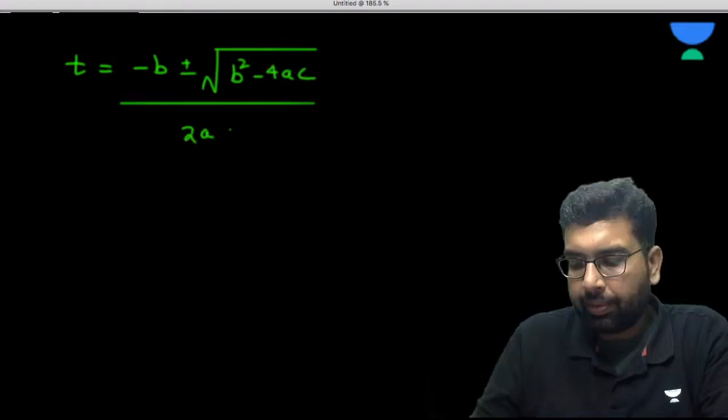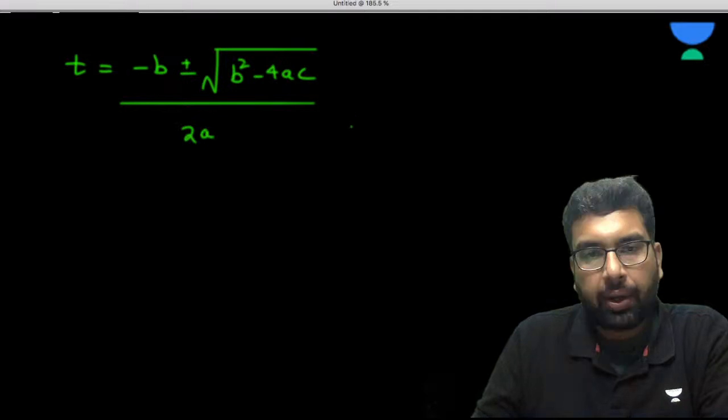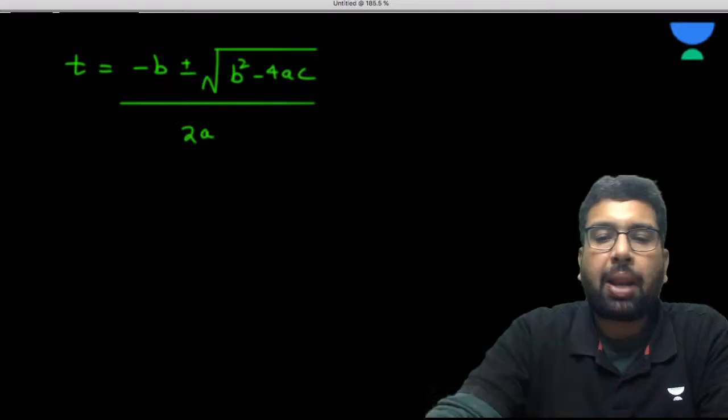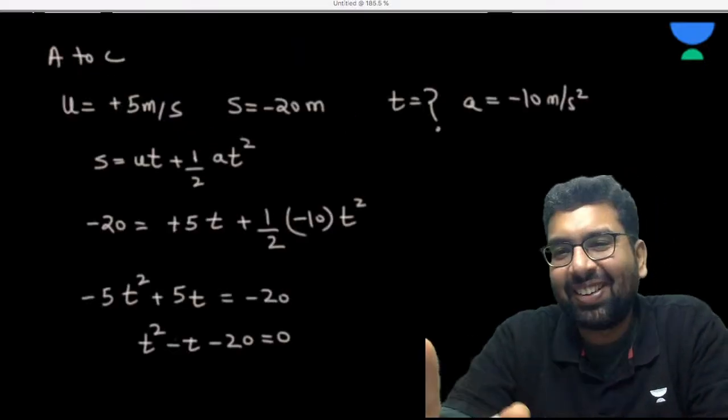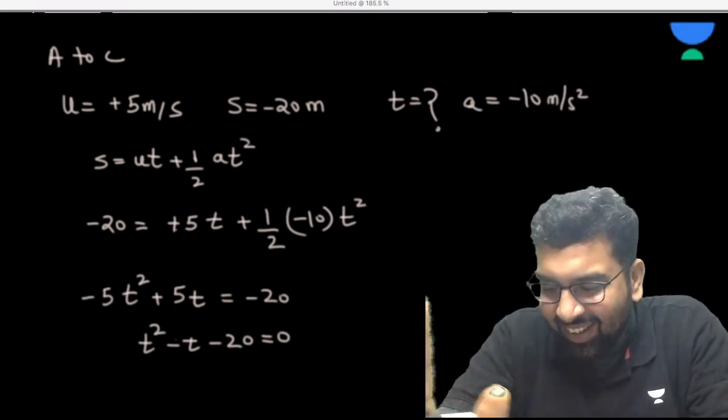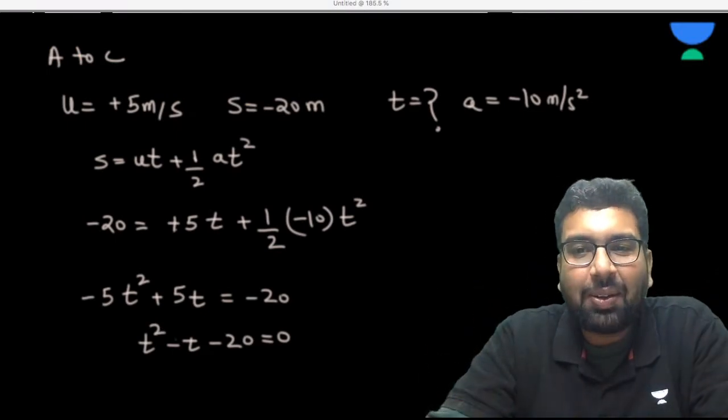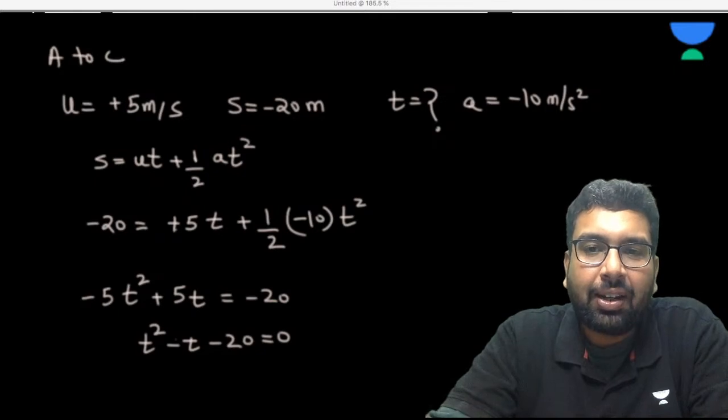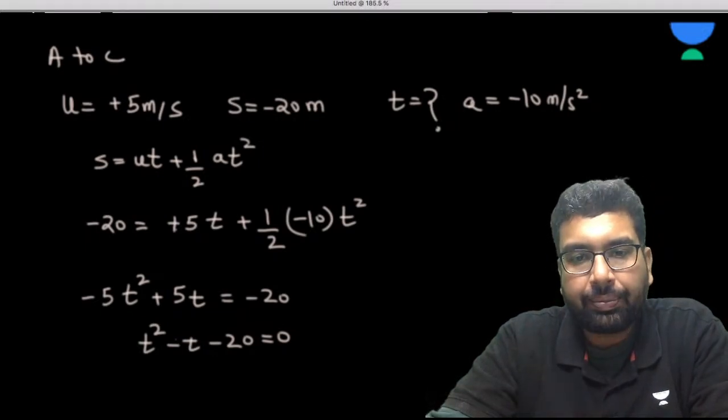I don't do the calculation, but you can put in the values and solve the quadratic equation. Put a is equal to 1, b is equal to minus 1, and c is equal to 20.